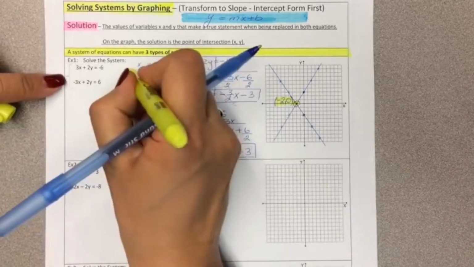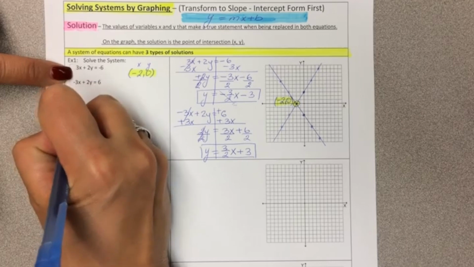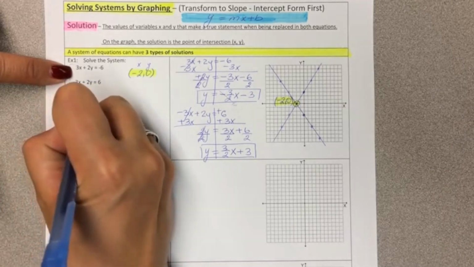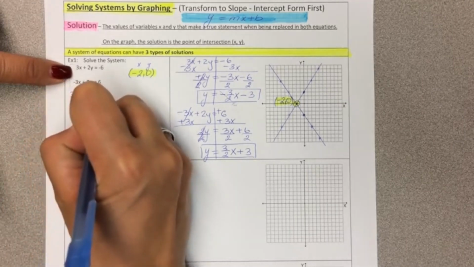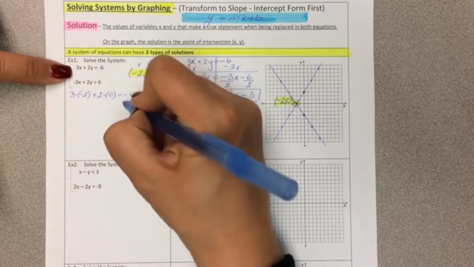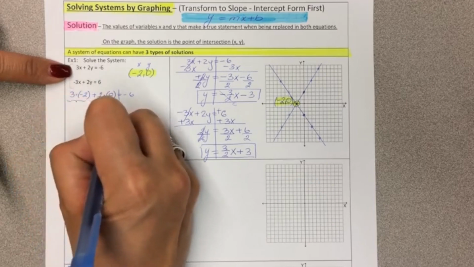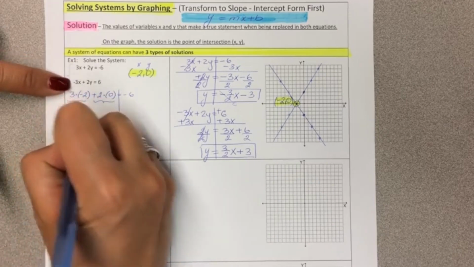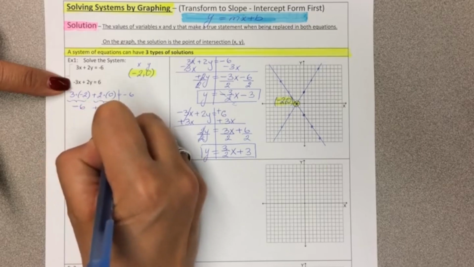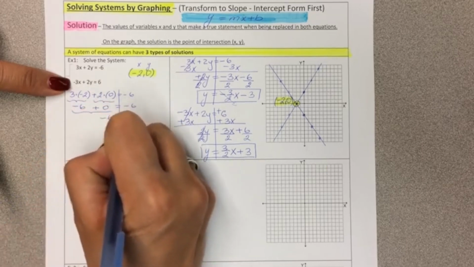So we can see if it makes a true statement. 3 multiplied by -2 plus 2 multiplied by 0 should be -6 in the first equation. Multiplications first, based on the order of operations, -6 plus 0, and then -6 plus 0 is -6, which makes a true statement.